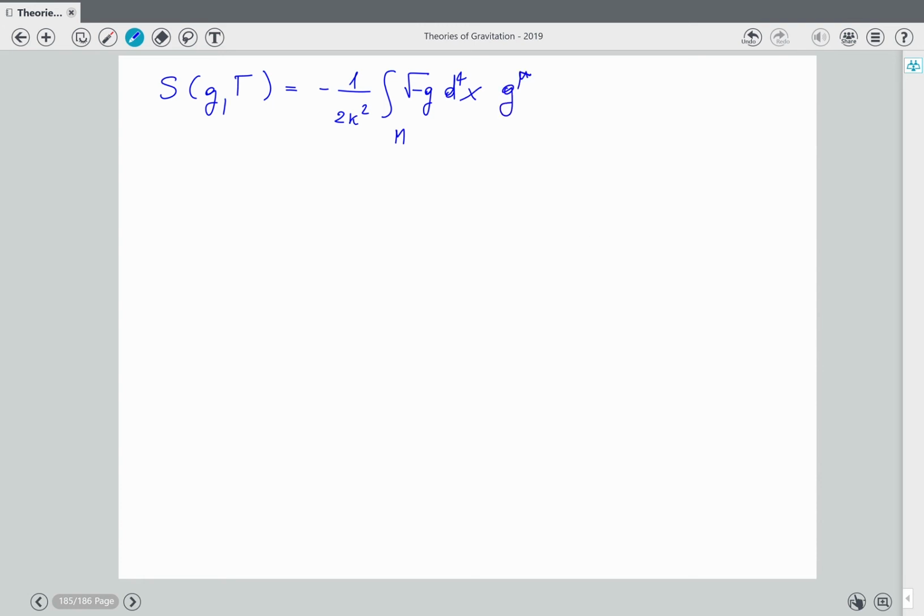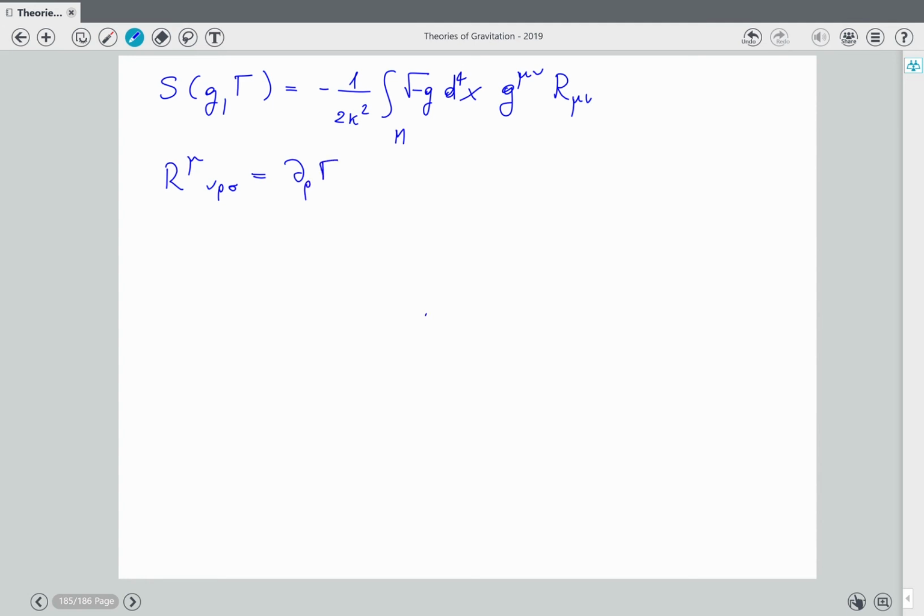And it is the integral of square root of minus g times R, where R is g mu nu, the inverse metric tensor, times R mu nu. But what is R mu nu? Let us recall how the Ricci tensor is written, and actually we start from the Riemann tensor, which we have derived long ago in all approaches.